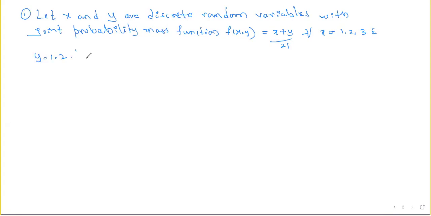Next, what is the conditional mean, that is nothing but conditional expectation of x given y equal to y, right?